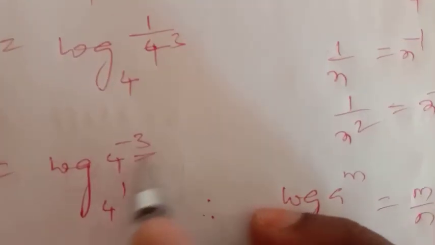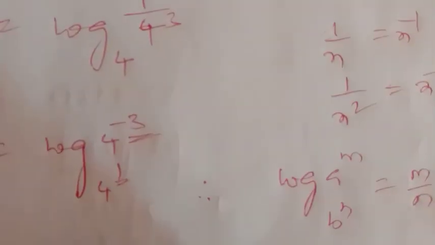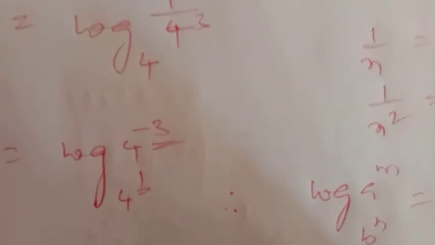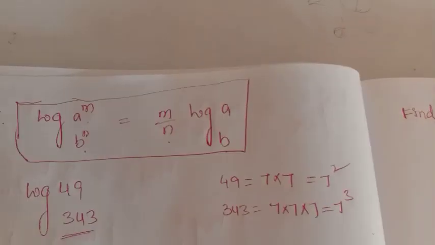Here m equals minus 3 and n equals 1, and substituting this formula we get minus 3 by 1 into log 4 base 4. Here we have log a base a equals 1. So minus 3 into 1 equals minus 3, the answer of this problem.